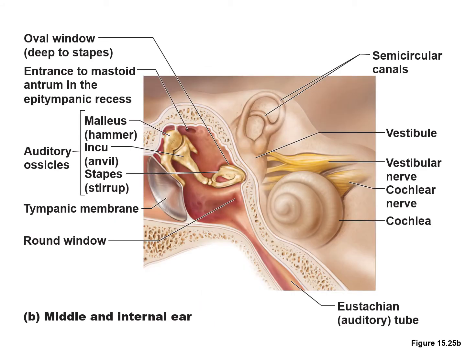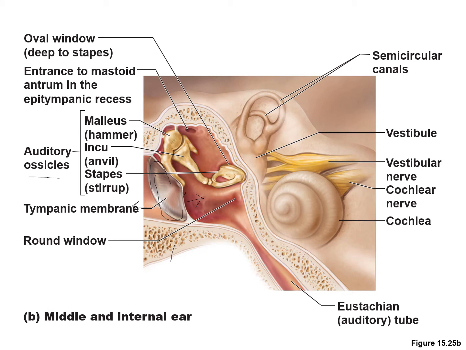So let's take a look at the middle and internal ears. This would be basically showing the cut temporal bone. Here's your tympanic membrane, which is going to be that boundary between your external ear this way and your middle ear this way. We have 3 auditory ossicles or ear bones, which I will talk about momentarily.